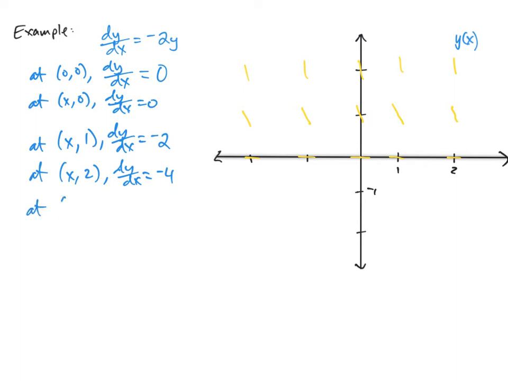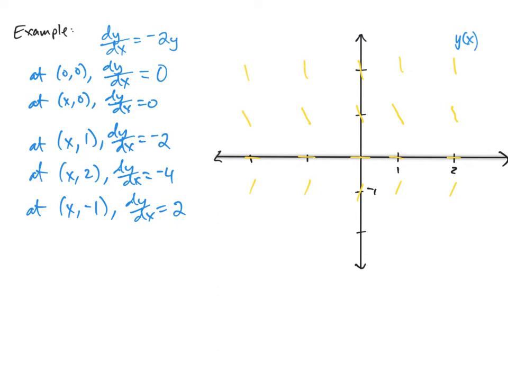Well, that's pretty clear to see. At x comma -1, dy/dx equals +2. So now our lines are going to go the other way, kind of like that, and they're the same all across.